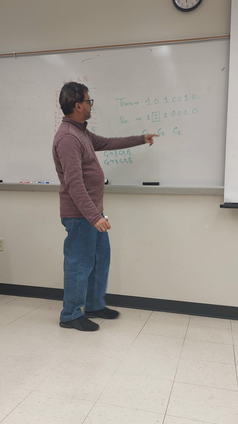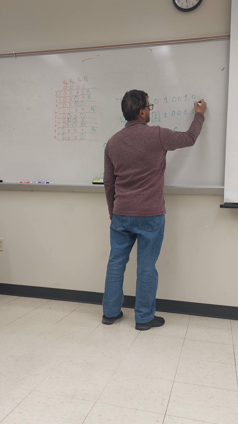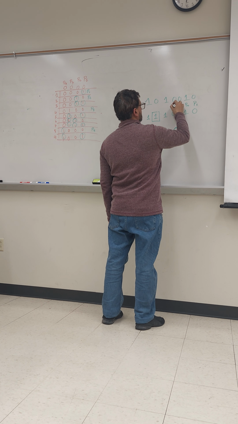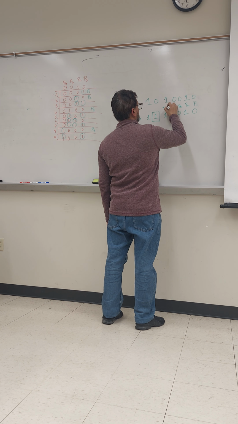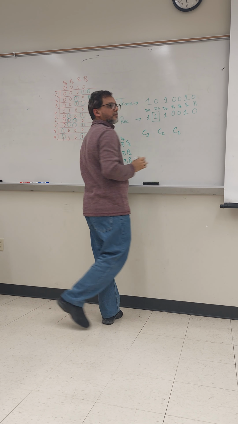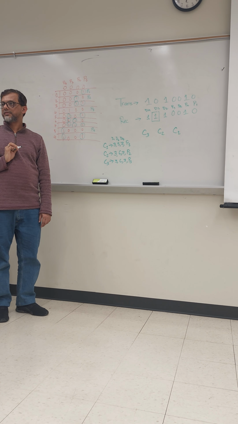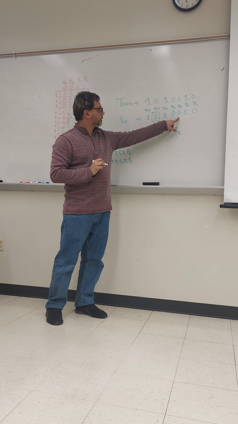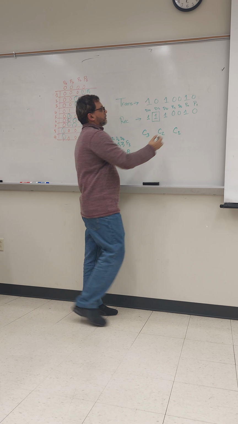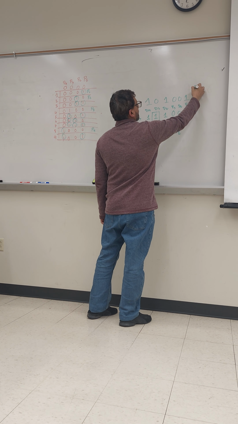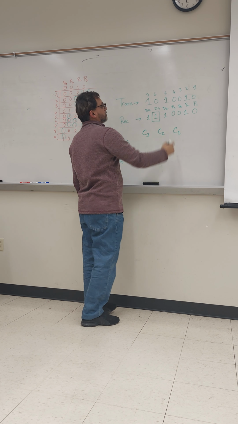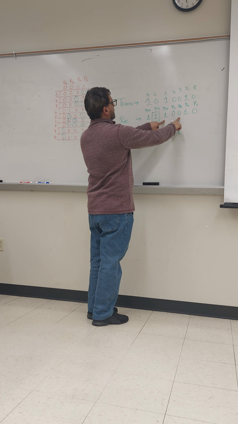So what we have here: this is P1, this is P2, this is D1, this is P3, this is D2, this is D3, this is D4, right? P1, P2, D1, P3, D2, D3, D4. So 3, 5, 7 means positions. So 1, 2, 3, 4, 5, 6, 7. So D1, D2, D4.